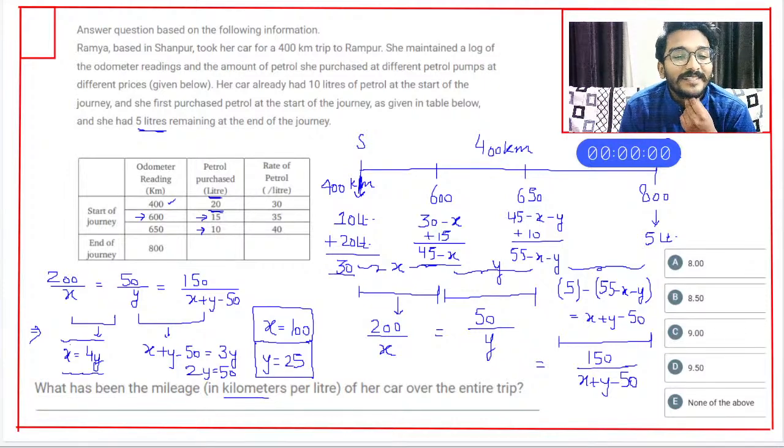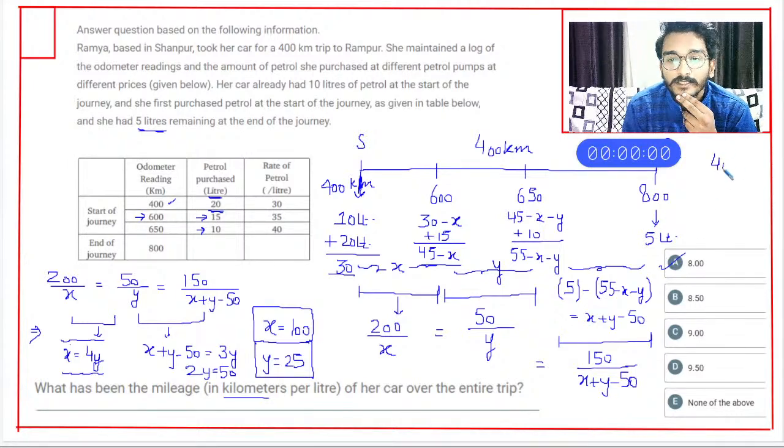But I'm not finding my own mistake here. I guess I have to see this thing. Okay. Yeah, the answer is 8. You can say that thing too.